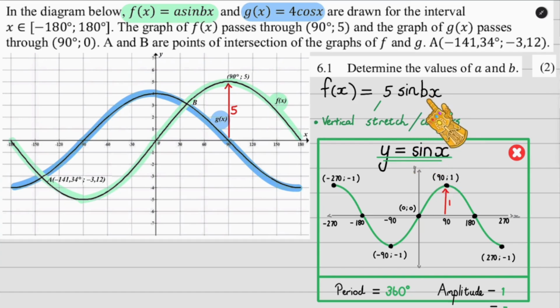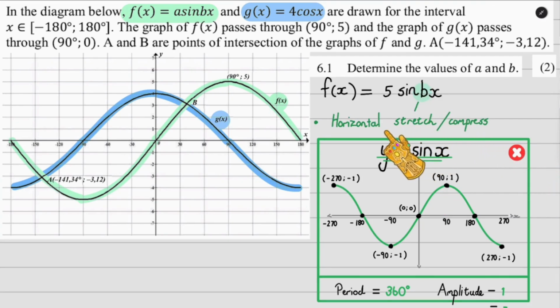Now we're going to sort out the value of b. Let's go through what b covers. b focuses on the horizontal stretch or compression of the graph. For that we need to look at the period of our original graph as well as our new graph to tell what the value of b is. There's also a formula that you can use to get b, which I will go through.